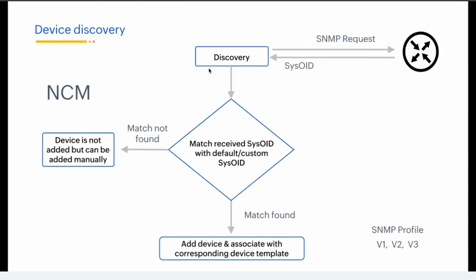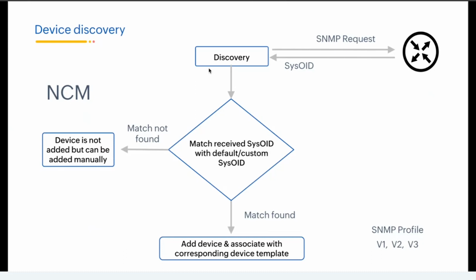So let's move on to our first functionality of Network Configuration Manager, which is device discovery. Here I have given a short architectural diagram of how SNMP discovery works in Network Configuration Manager. The discovery engine will send an SNMP request to the device. The device will in turn send a sysobject ID to the discovery engine.